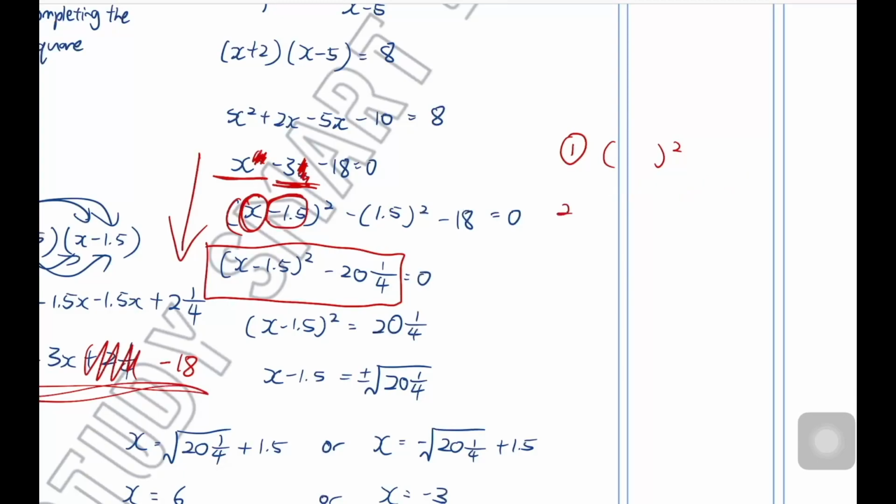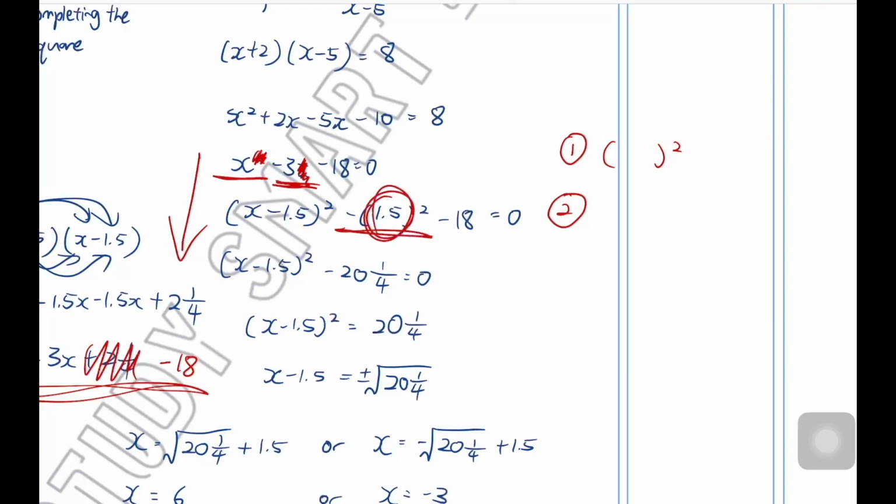Step 2 of completing the square is to subtract away this number square. Okay, let me erase a bit first. That's what I'm doing here: I'm subtracting this 1.5 square, which is this number square.